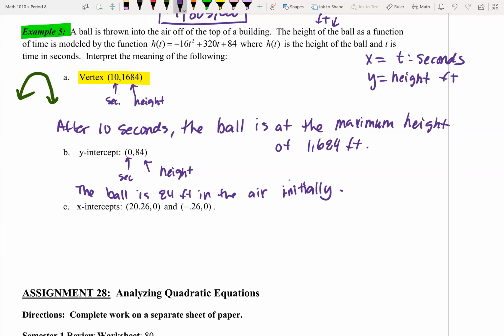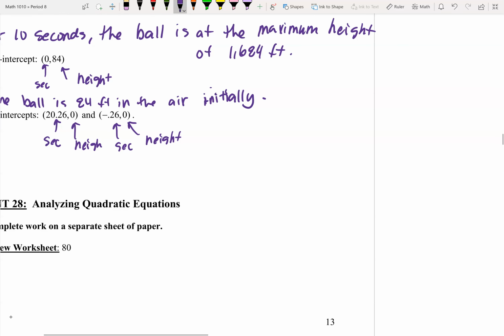Okay, here are the x-intercepts. So this right here stands for seconds. This stands for height. This right here stands for seconds. And this stands for height. Okay? Negative seconds, is that a thing? No. So negative 0.26, comma 0 does not make sense.